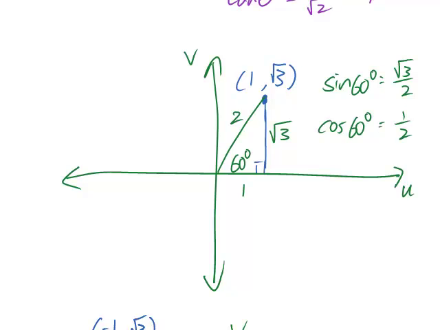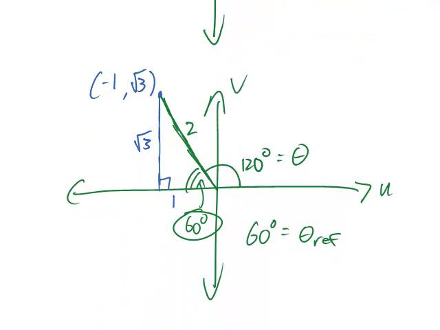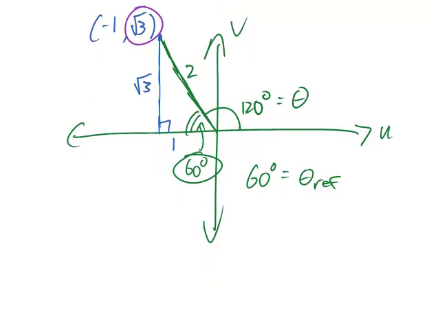But the important thing is that over here on the top, we used root 3, the second coordinate, for the sine of 60 degrees. So we're going to do the same thing and say that, or rather, let's use a better word, we define the sine measure of 120 degrees to be this v coordinate, the second coordinate, root 3 divided by the hypotenuse, which is 2.